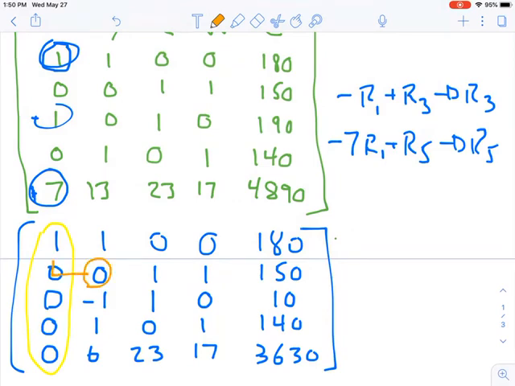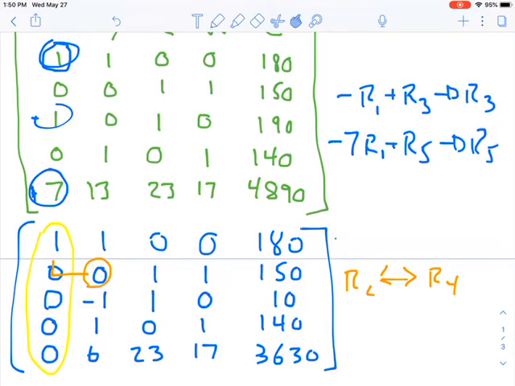That needs to be a 1, but it's a 0. So the best thing to do here would be to switch 2 rows. I'm going to take row 2 and row 4 and interchange them.